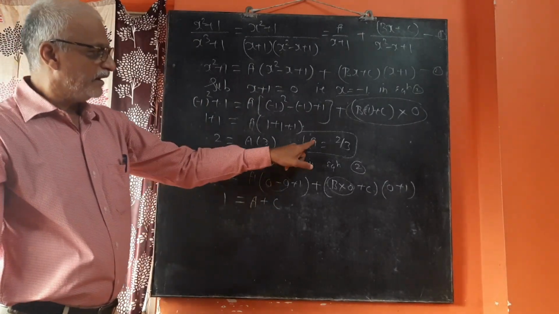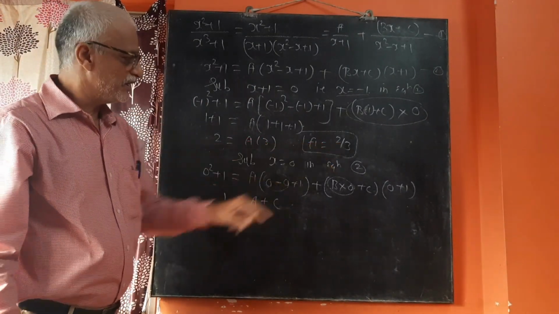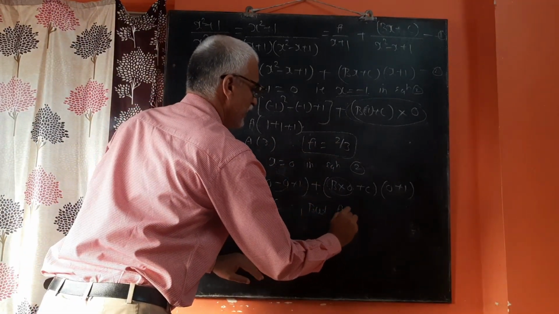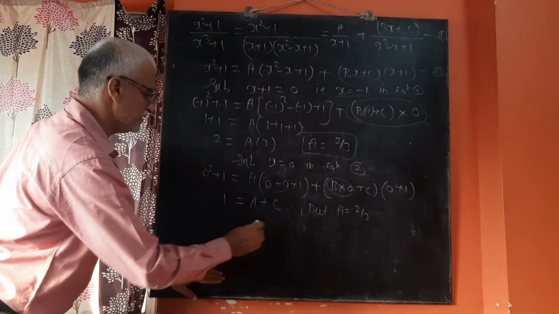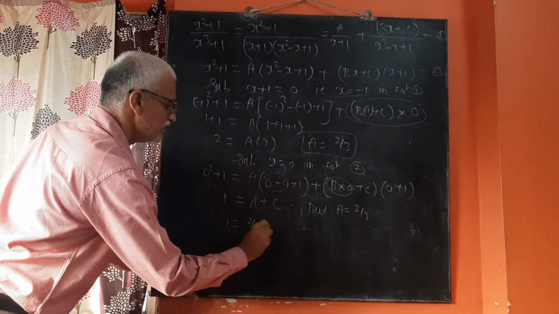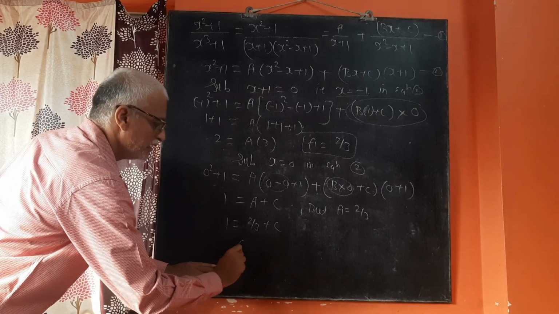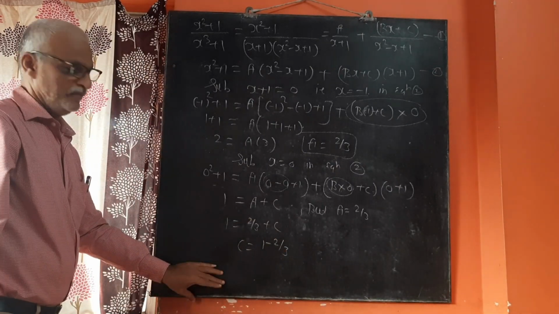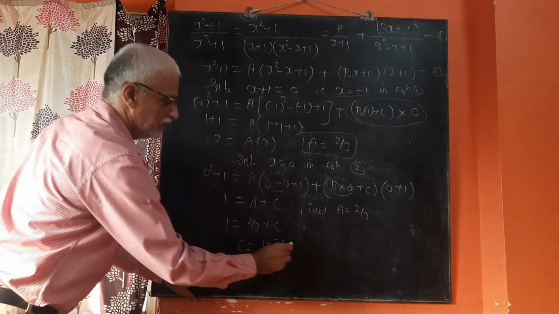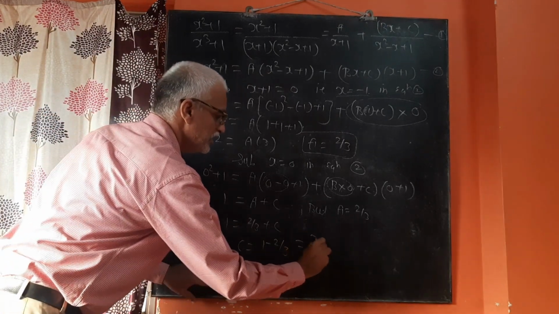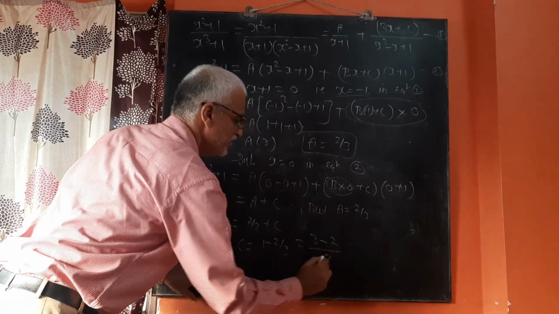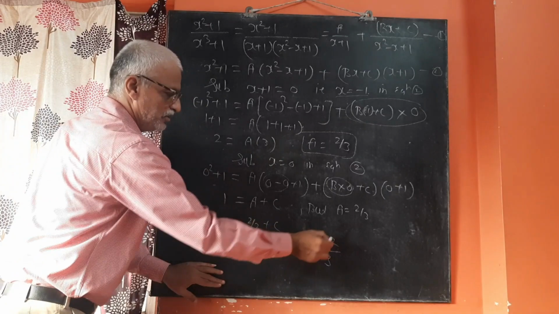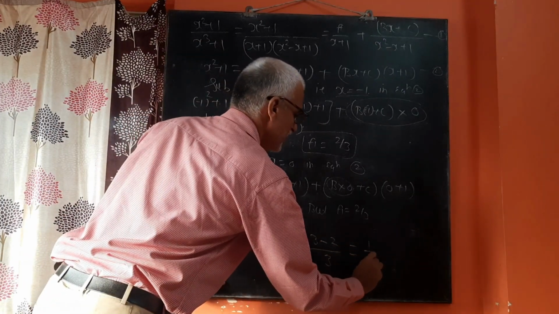But we have got the value of a. The value of a is with us, that is 2 by 3. So a is equal to 2 by 3. That means we get 1 is equal to 2 by 3 plus c. Or we can write c is equal to, this goes here, 1 minus 2 by 3. By cross multiplication, this is equal to 3 into 1, that is 3, minus 2 divided by 3, and that is equal to 1 by 3.